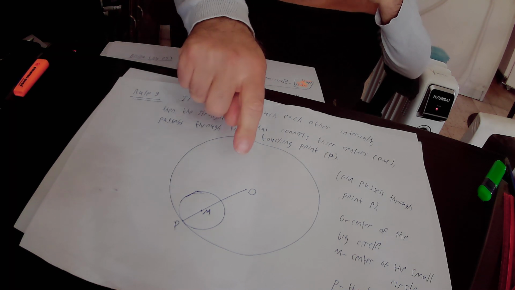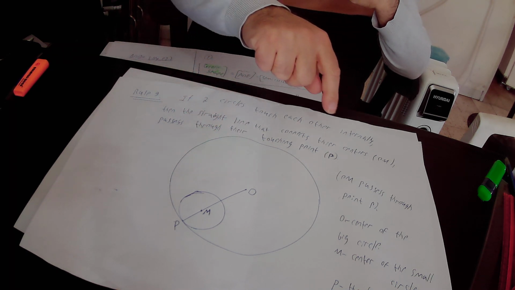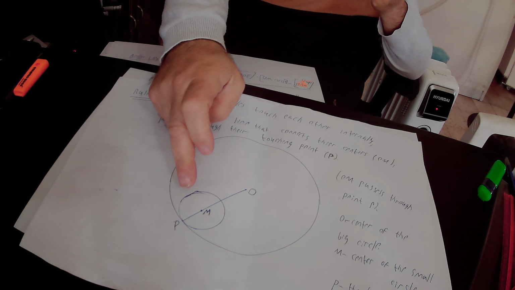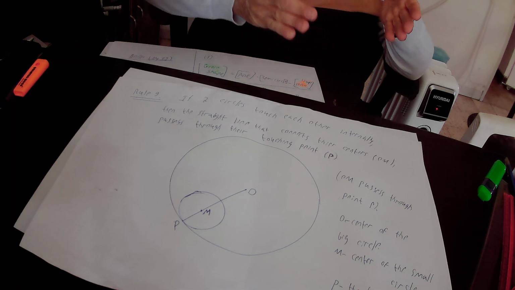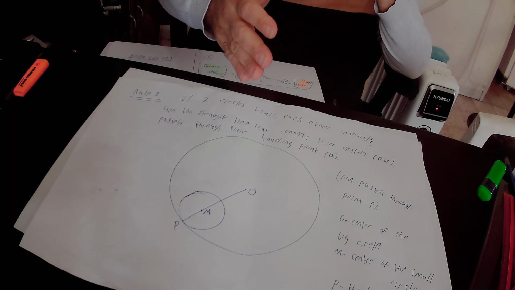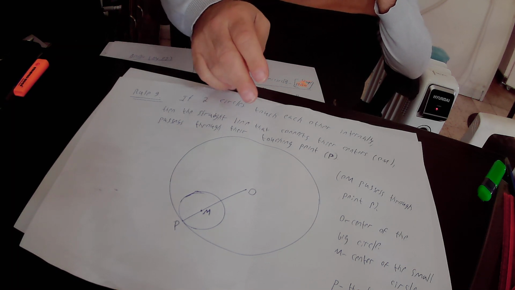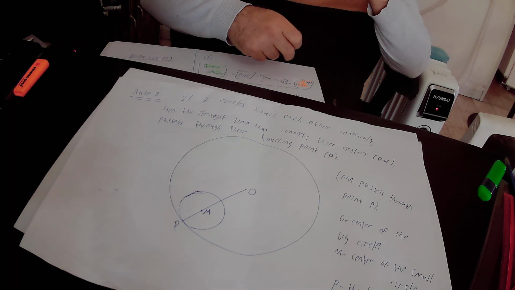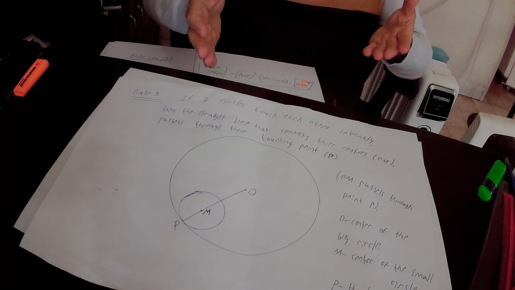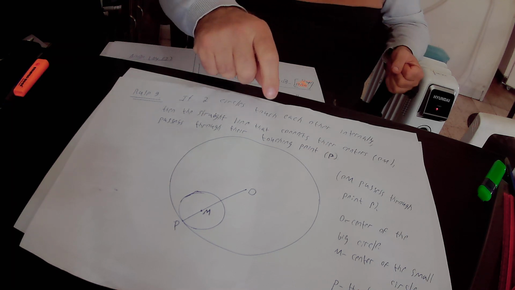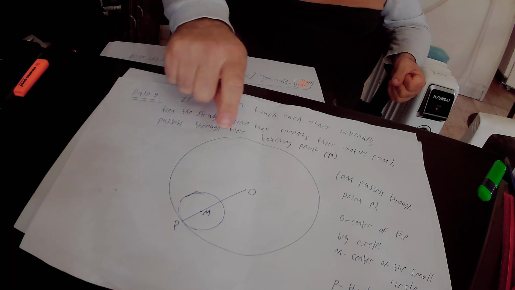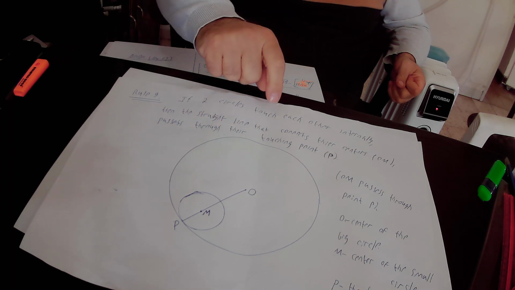Because the small circle is located inside the big circle and they touch each other at point P, we have here an internal touch between those two circles. That is to say, they are touching each other internally at point P. And according to this rule 9, the straight line that connects their centers together must pass through their touching point.